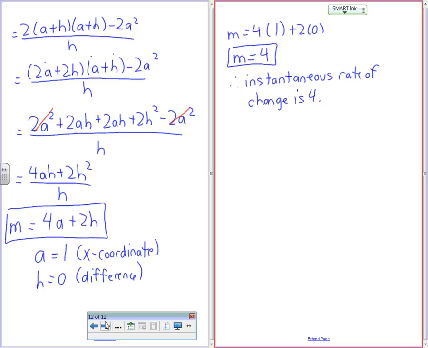Okay, I'm going to try one more of these. Want me to take you through another one, Jesse, or do you want to try this on your own? Thank you, Jesse. Here we go, example 2.